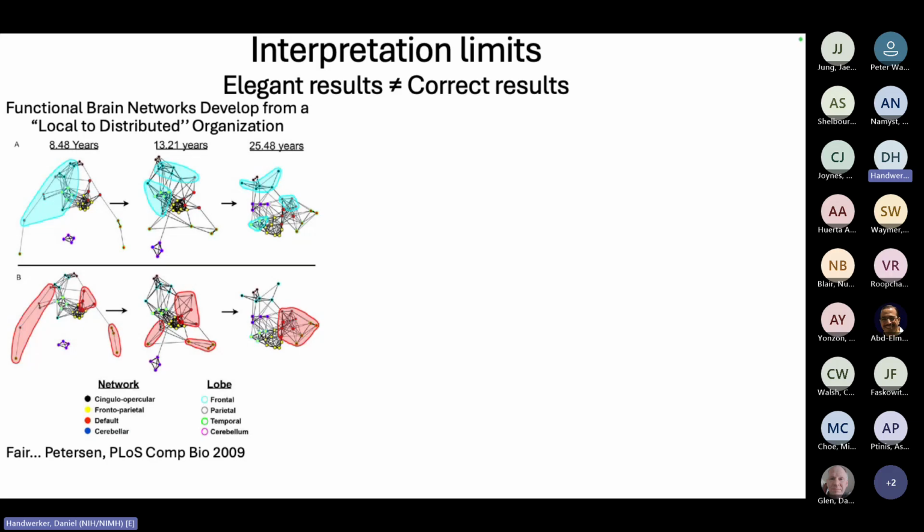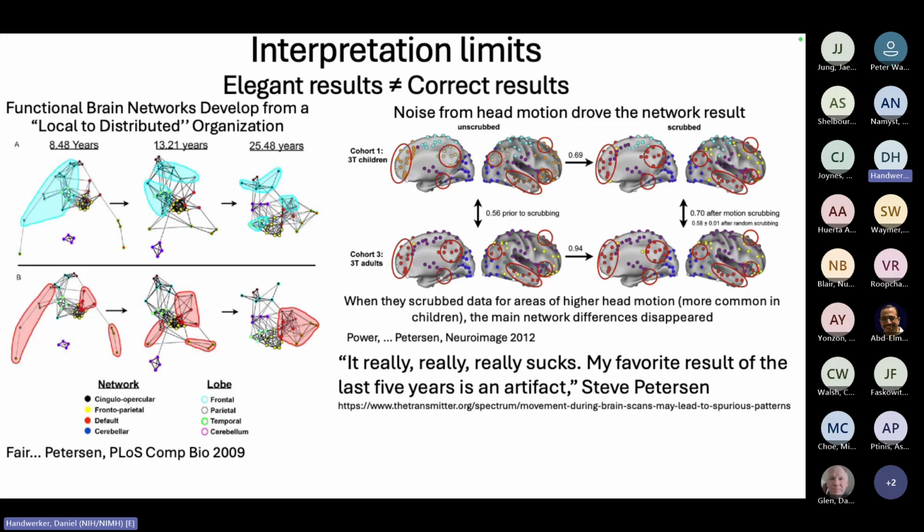The trouble is these data were reanalyzed a few years later. It turned out that kids move more in the scanner than adults. And if you remove the high motion volumes, the kids looked a lot more similar to everyone else. So this big effect was being heavily driven by not removing motion through censoring.